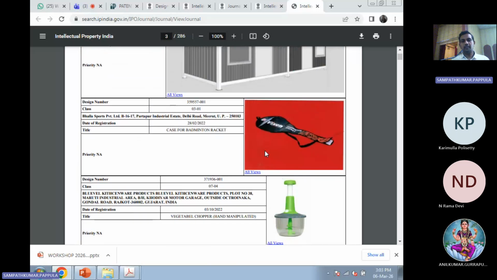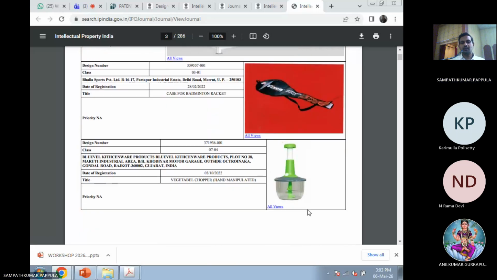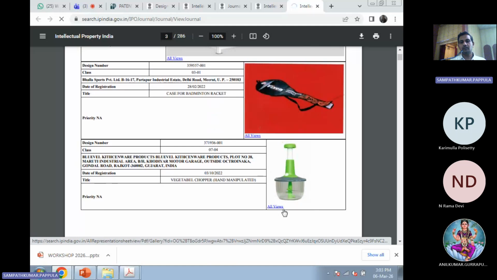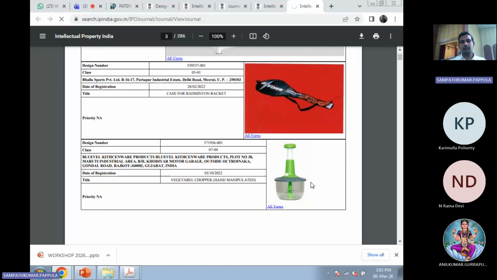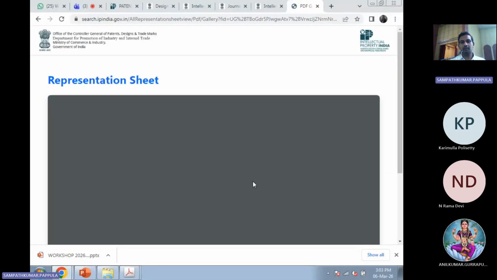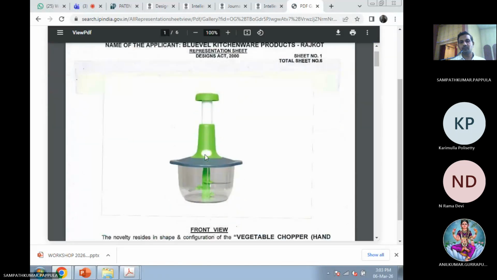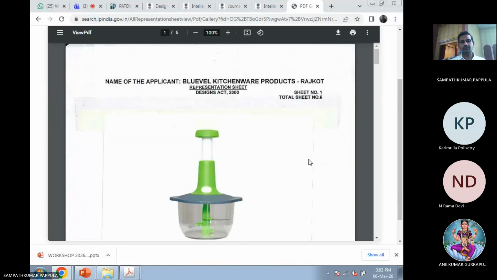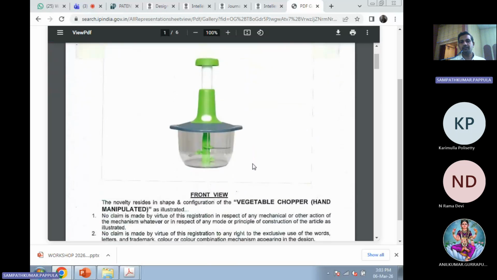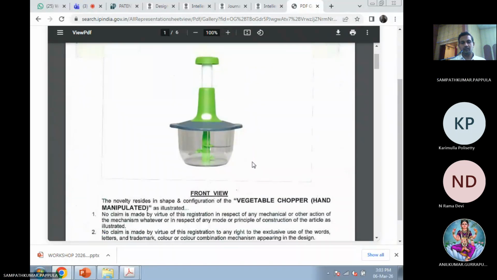So these are the design patents, and we can also view them. They have taken the patent on this particular product. This one is a kitchenware product, right? A vegetable chopper, it is.